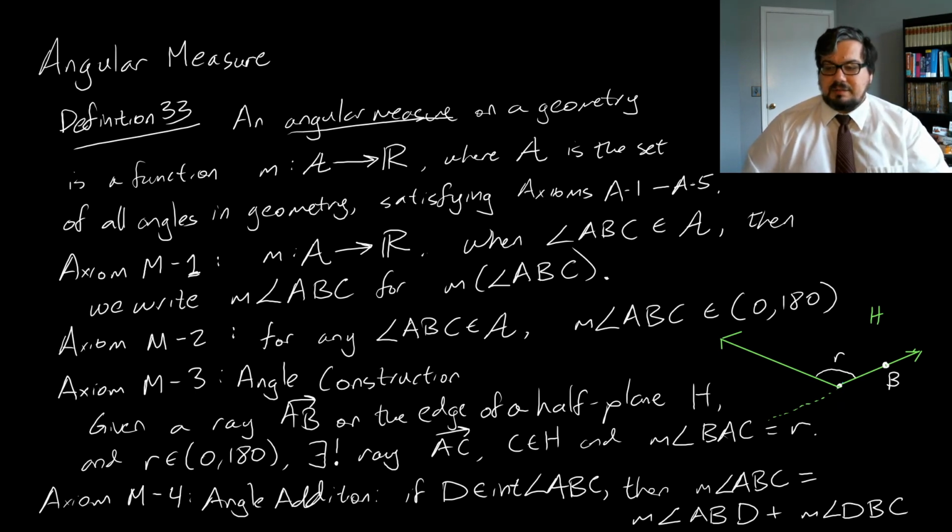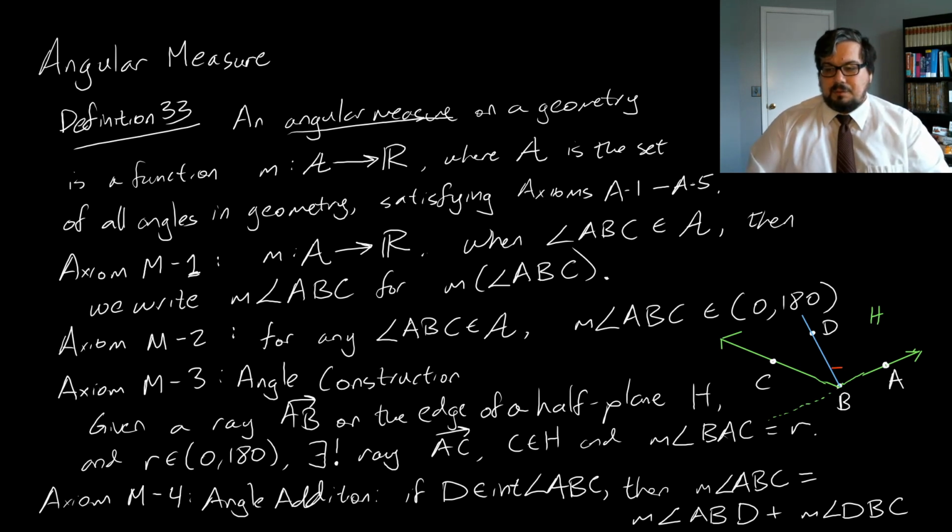So let's look at the picture of how this goes. Let's say I've got my angle ABC over here. And then I've got some point D that lies in the interior of that angle. So it's going to be somewhere there. So then we can look at the angles ABD and DBC.